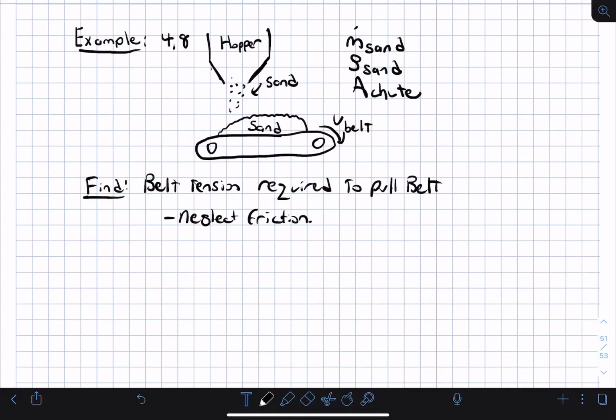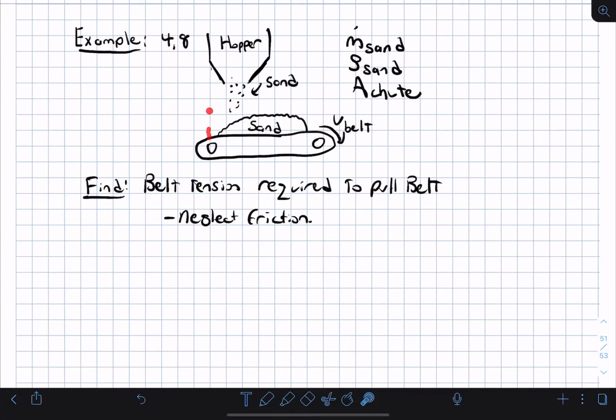Okay, and so we have our system here, and there are multiple ways to solve this problem. The strategy that we are going to do is choose a control volume, because sand is like a fluid. So we're going to choose a control volume that is guaranteed to encompass the entirety of the sand pile.